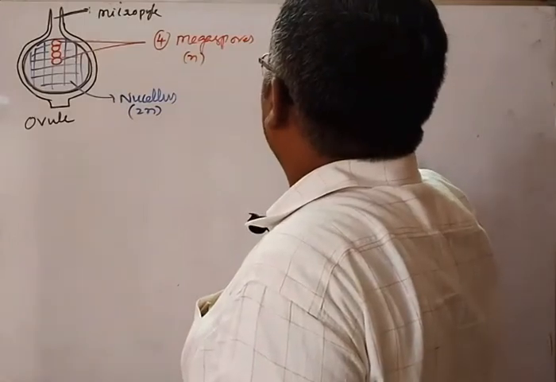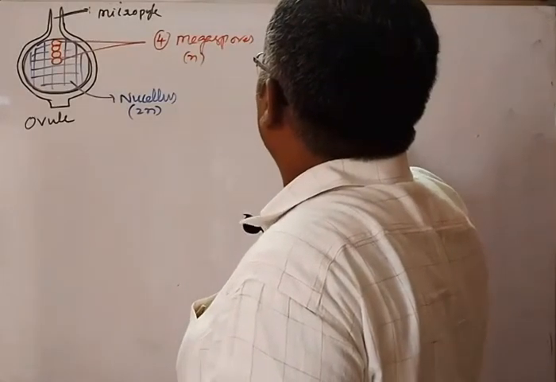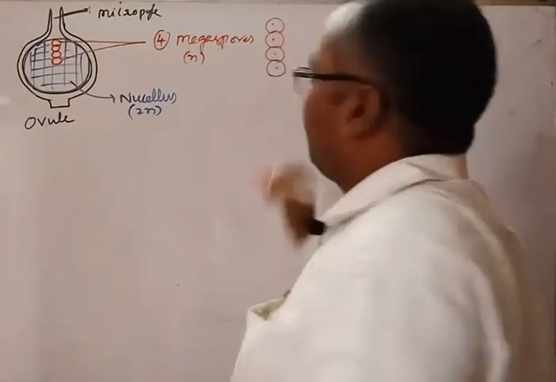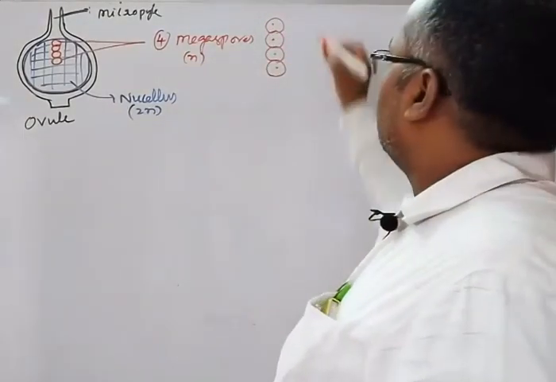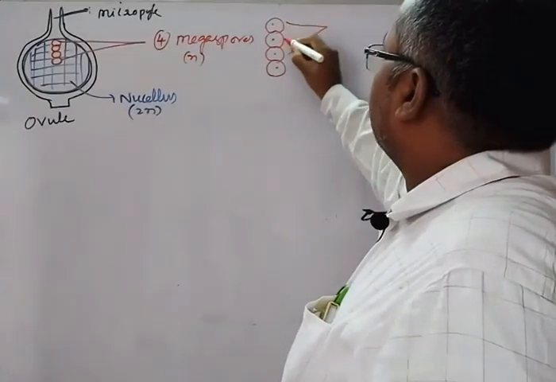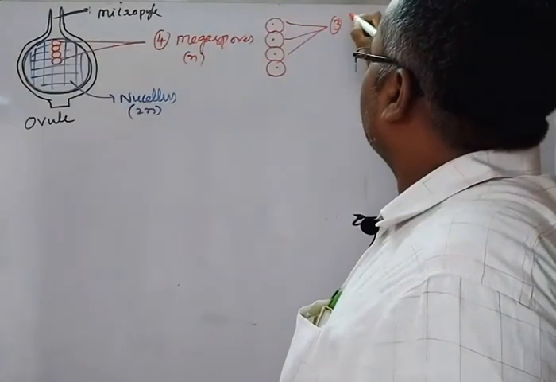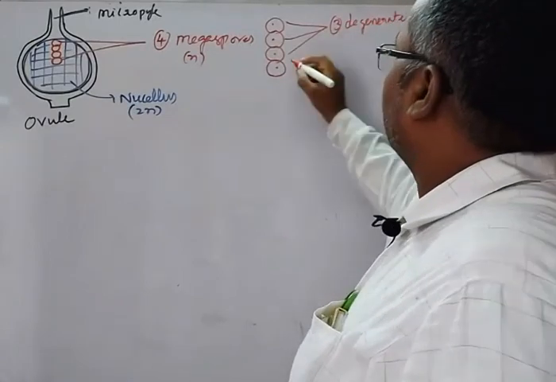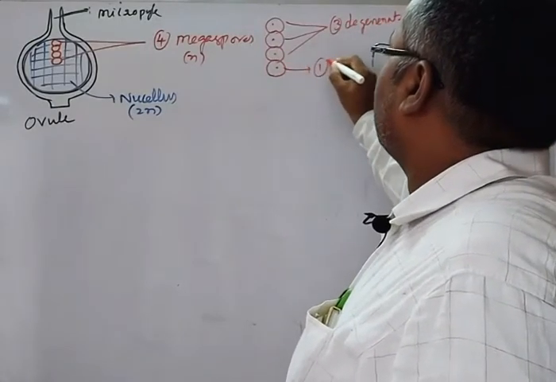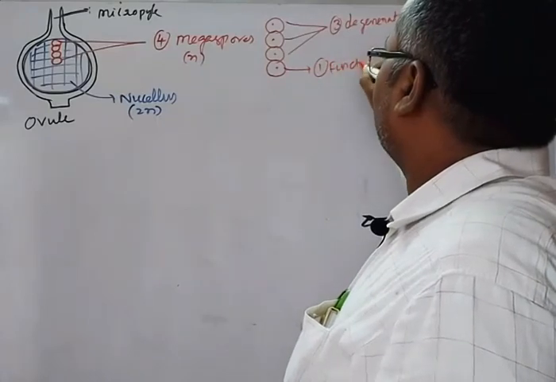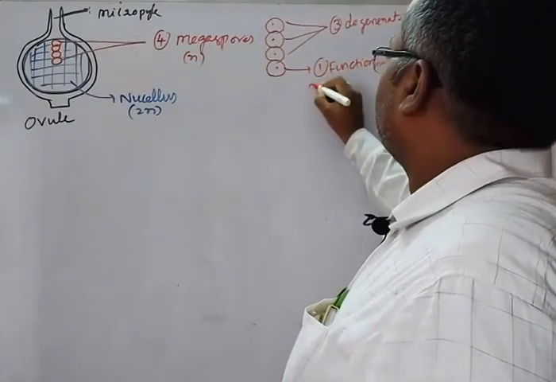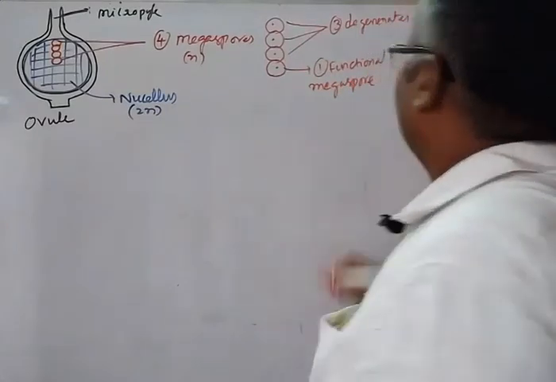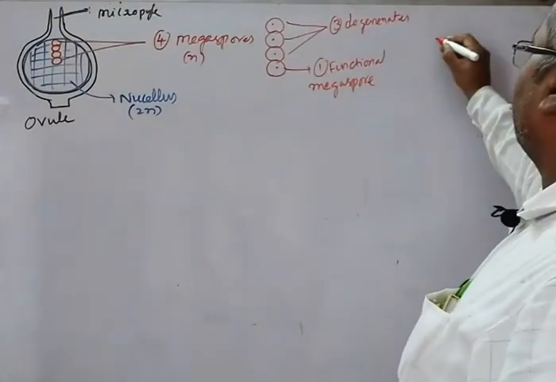Now, out of these 4 megaspores, listen to me carefully, 3 degenerate. One is functional. This is the functional megaspore. So when it degenerates, it appears like this.